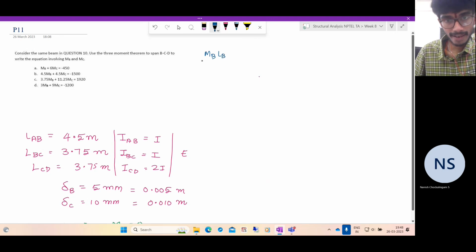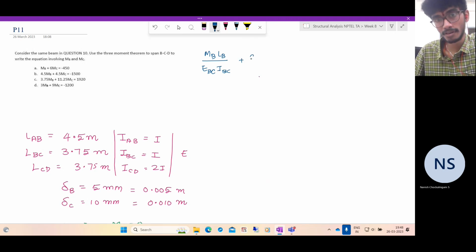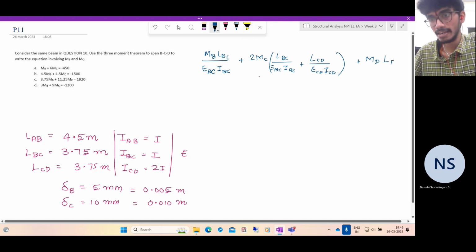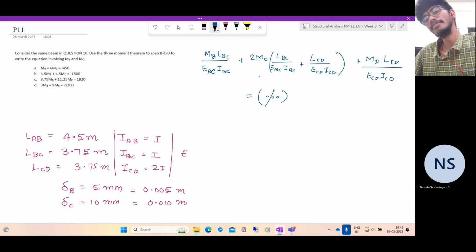MB LB by EBC IBC plus 2MC BCD, right? MB LBC by EBC IBC plus LCD by ECD ICD plus MD LCD by ECD ICD is equal to, there is a term coming from the distributed loading that is 0.